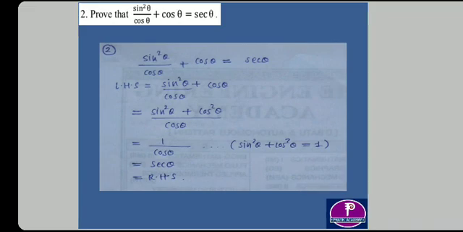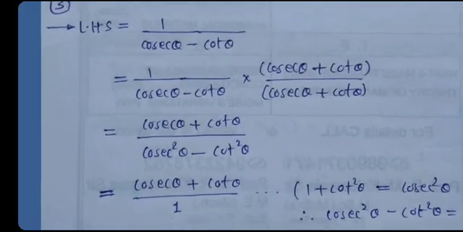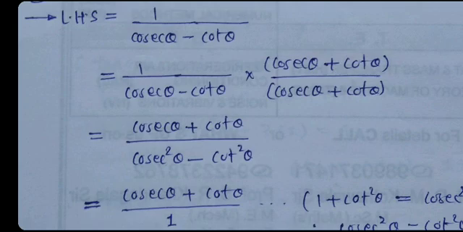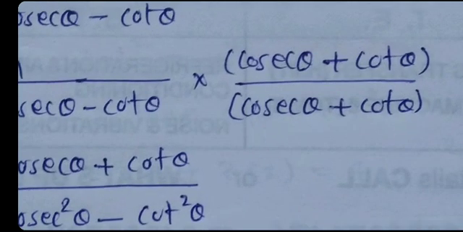This is the proof. Next, prove that 1 upon cosec theta minus cot theta is equal to cosec theta plus cot theta. Once again, I have taken the LHS. So first write down the LHS, and here this is an important step: multiply and divide the LHS by cosec theta plus cot theta upon cosec theta plus cot theta.